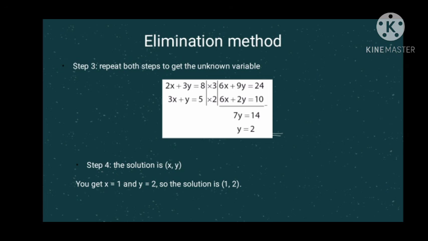Next, 3x plus y equals 5, we multiply by 2 and obtain 6x plus 2y equals 10. Then we subtract the two equations to get 7y equals 14, so y equals 2.